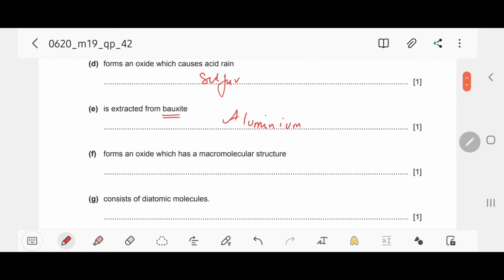Part F states that it forms an oxide which has a macromolecular structure. Well, there are 3 types of macromolecular structure which we will go through in the next and subsequent classes.